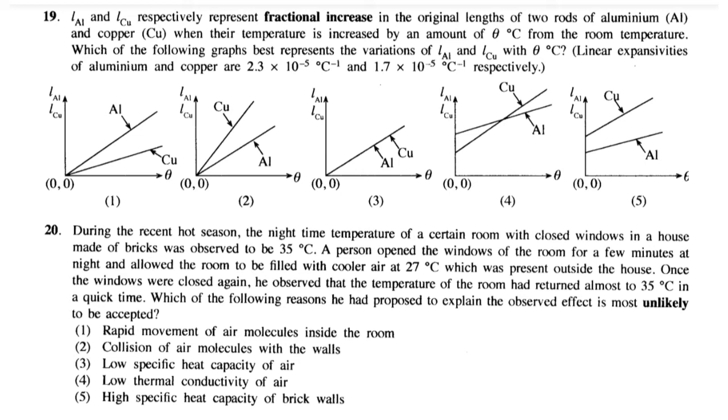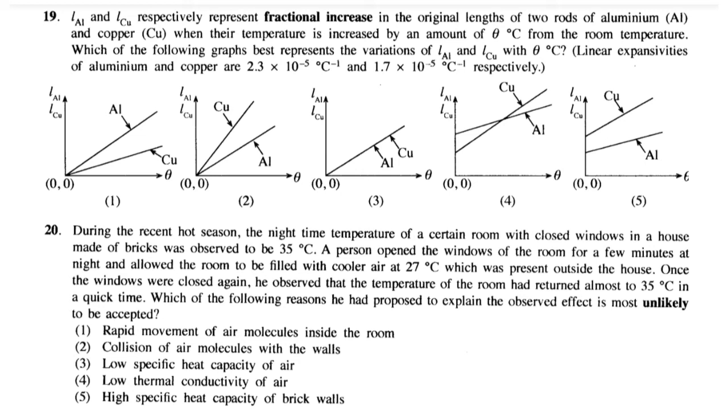19, answer 1. Question number 20. At night, the temperature of a certain room with closed windows in a house made of bricks was observed to be 35 degrees Celsius. Then a person opened the windows of the room for a few minutes at night and allowed the room to be filled with cool air. Then he noticed that the temperature dropped down to 27 degrees Celsius.